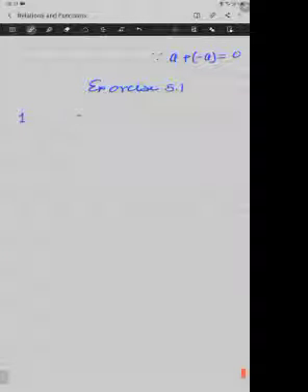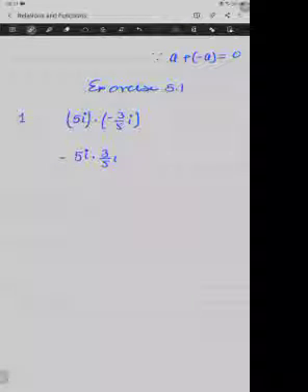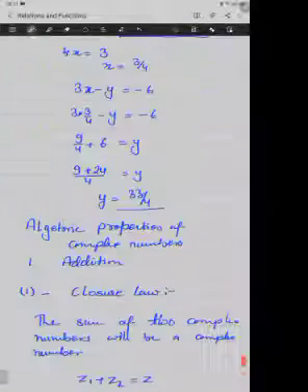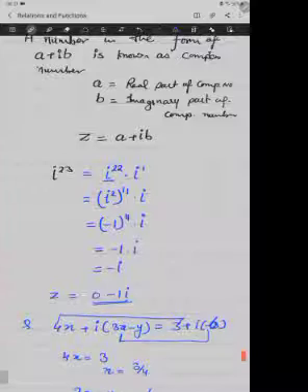It is 5i into minus 3 upon 5i. When we simplify it, 5i into minus 3 upon 5i: 5 and 5 get cancelled, giving minus 3i square. The value of i square, as I just taught you, is minus 1.